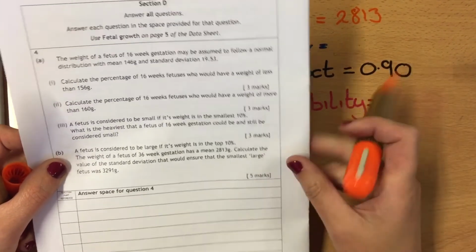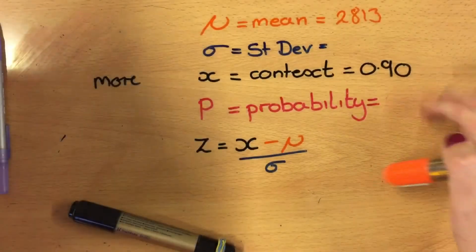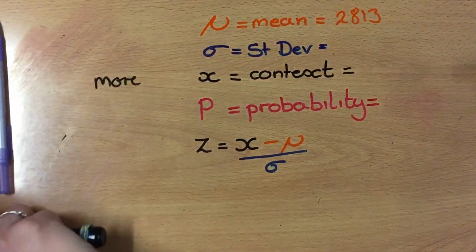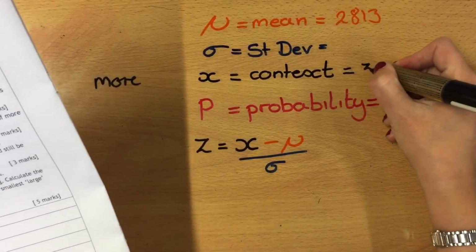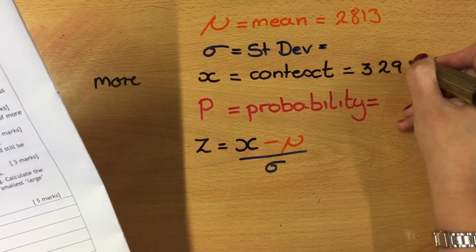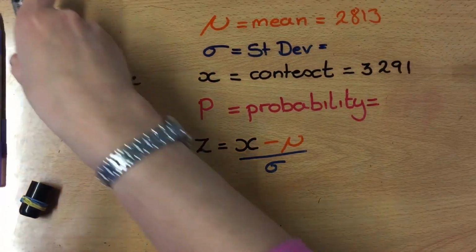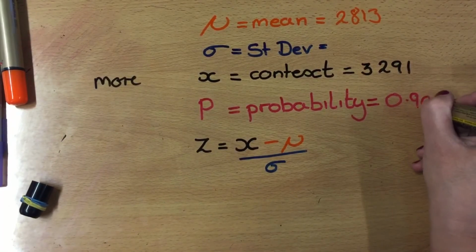But we do know our value in context is 32.91. So our probability, it was in the top 10%.